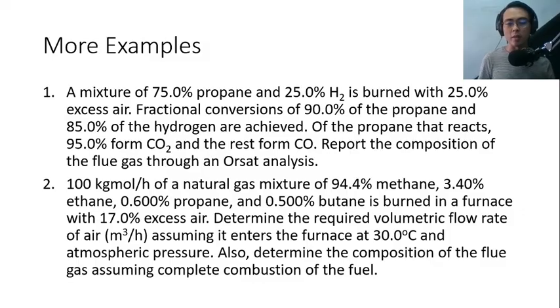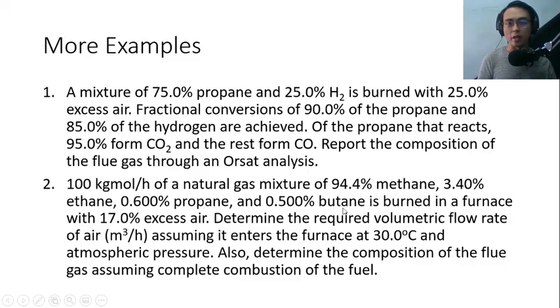This is just the same material balance involving a gaseous fuel, wherein you are required to determine how much air enters the process. So again, you draw the diagram, you label all of your unknowns, and you determine the O2 theo. For the O2 theo here, all of the components of your fuel are combustible. Methane, ethane, propane, and butane are all combustible.